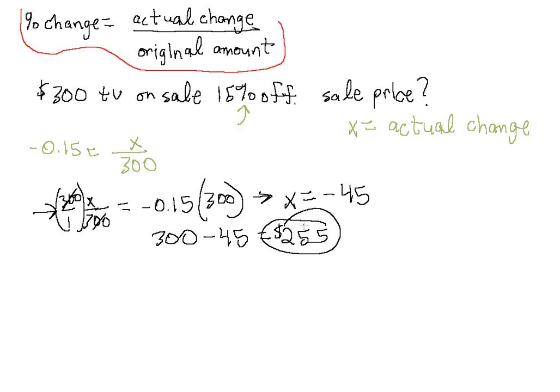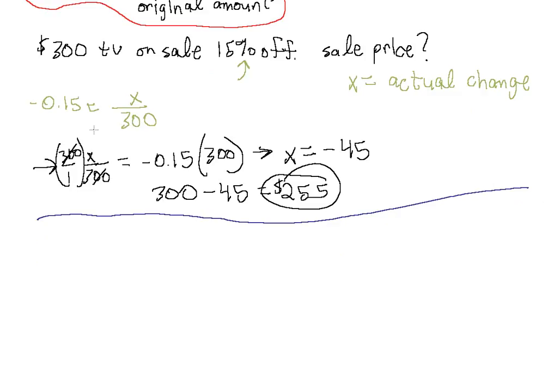Okay, it's kind of intuitive, but we always want to be sure that we're answering the question. We're not being asked the actual change, we're being asked the sale price. So we subtract the actual change from the original amount.